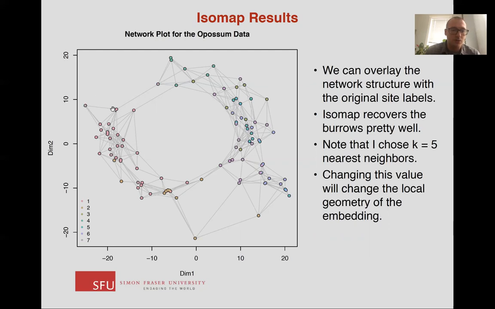It's this distance here, plus this distance here. So it's a different notion of distance, and therefore we're going to get different results. It's a nice picture, and some interesting structure emerges from it.